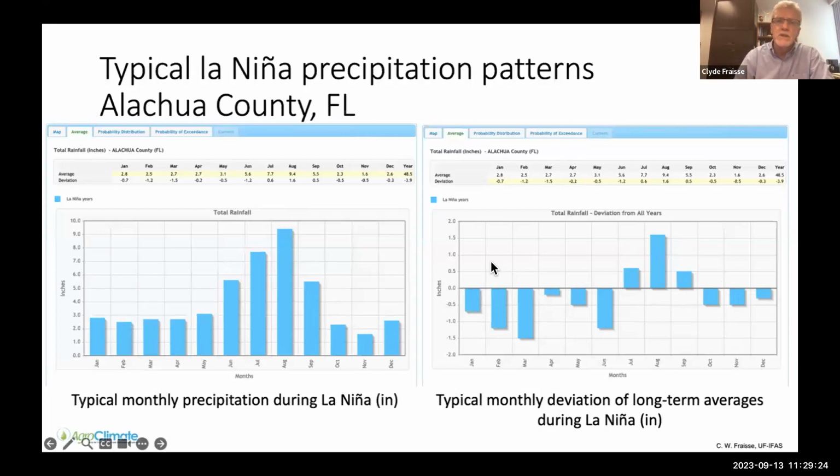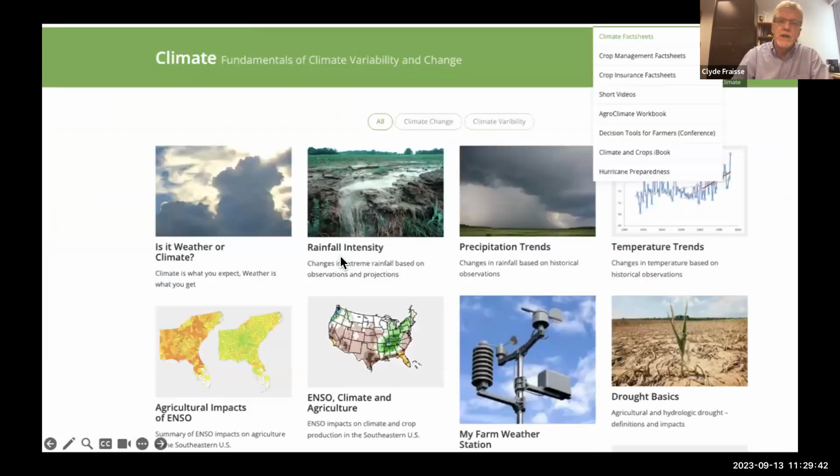This tool is available for many weather stations across the Southeast, so that gives you more detailed information on what to expect. It's not a forecast. It's important to mention that every El Nino and La Niña is different, but that's the trend. That's what you could expect for those cycles.